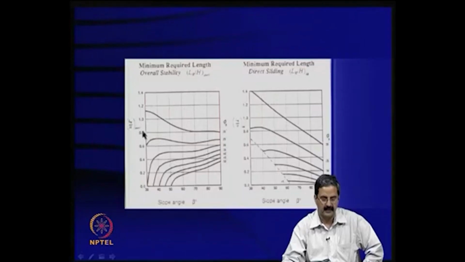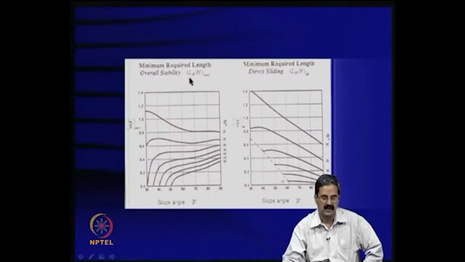Similarly, if it is 25, it is maybe 0.63 or something like that. So these things will give you some idea of what should be the length of the reinforcement required for overall stability.